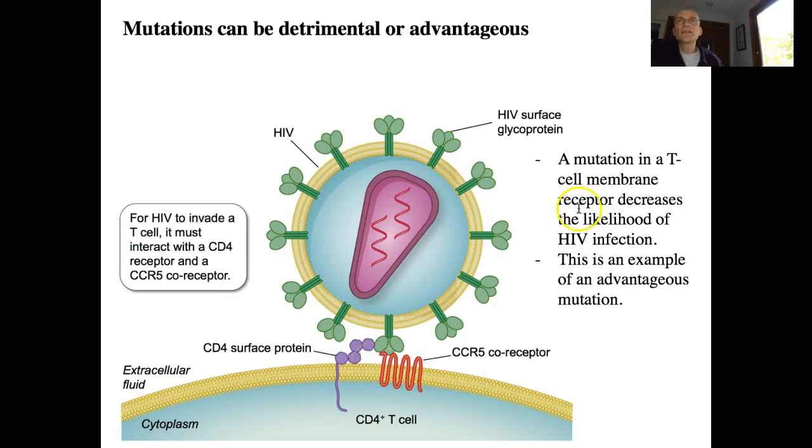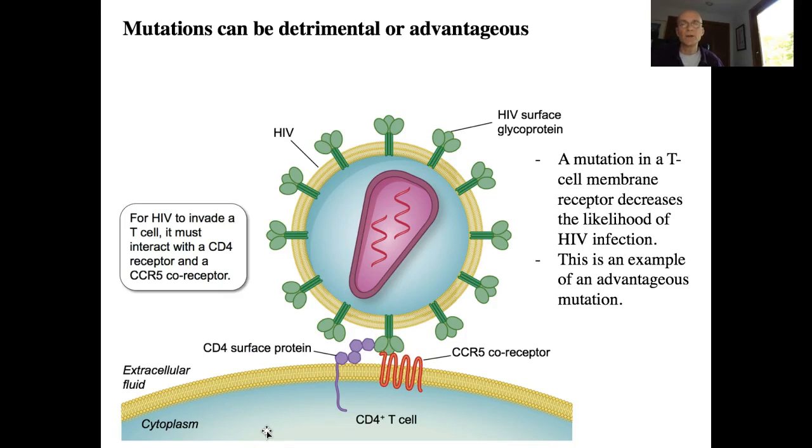But it turns out that a mutation in the T cell membrane receptor, in these receptors here, decreases the likelihood of HIV infection, because it decreases the likelihood of the interaction here. So you change the proteins here, and you are no longer supporting the kind of interaction that HIV requires for entry into the cell.